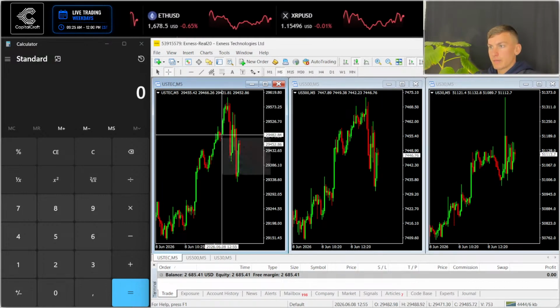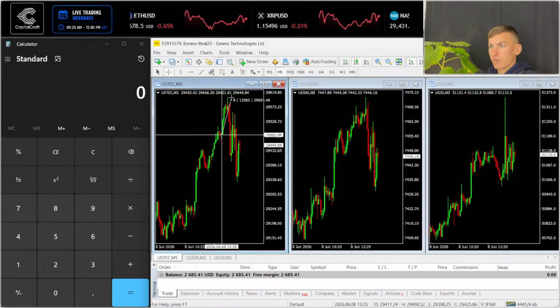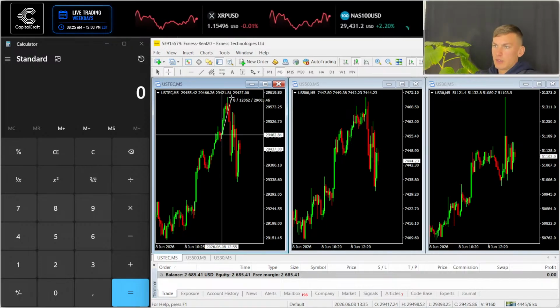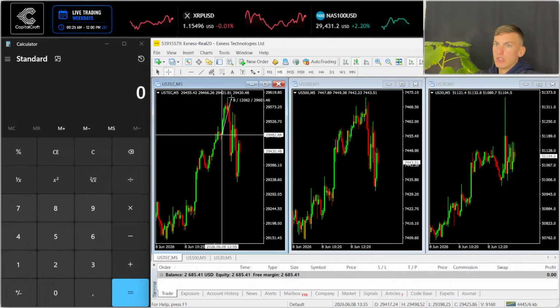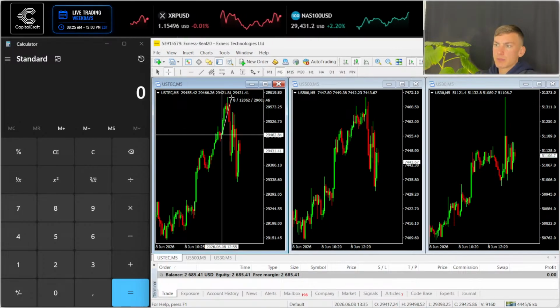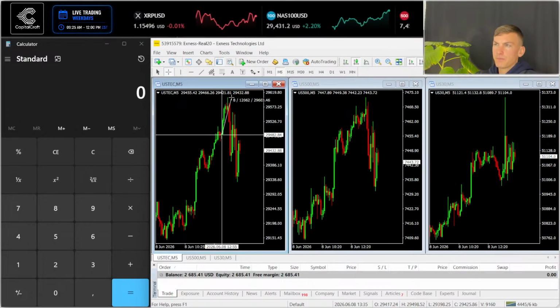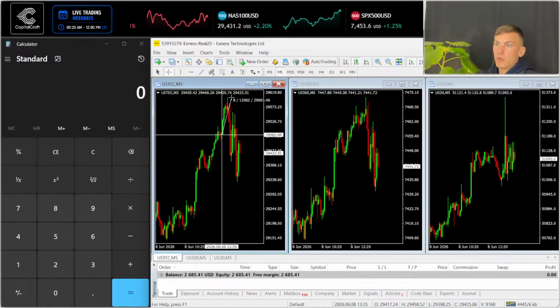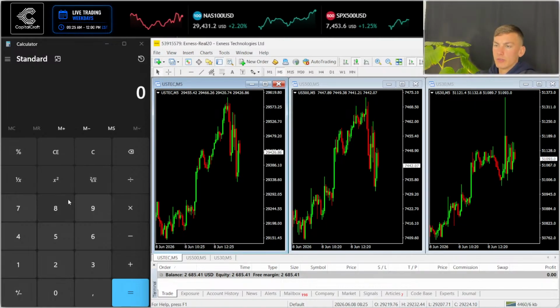This one, okay? That one right there. 12,000, basically. 12,000 pips. And if you divide that by 10, it essentially will give you the pips. So it's like 1.2k pips. Sorry, you divide it by 100. So it's about 120 pips, all right? Or 120 points, whatever you want to call it.